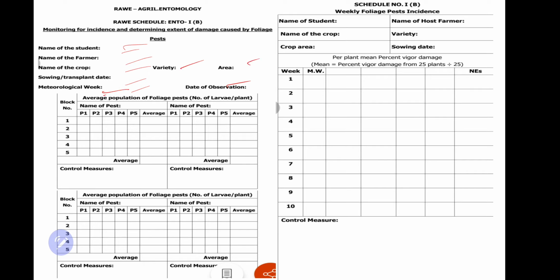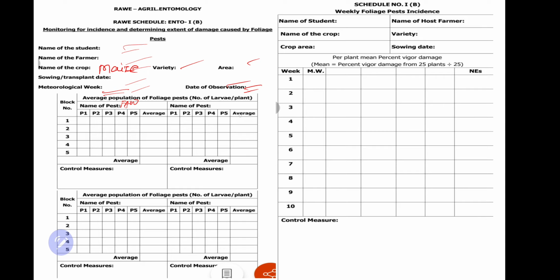Here mention the meteorological week, date of sowing and date of observation. Here we have to count the number of larvae per plant and the foliage damage. We have to record the date of foliage damage here. So again mention the name of the crop, and on the same crop, suppose for example the crop is maize, and your crop is infested by fall armyworm.